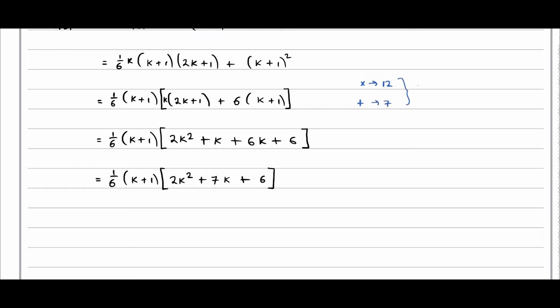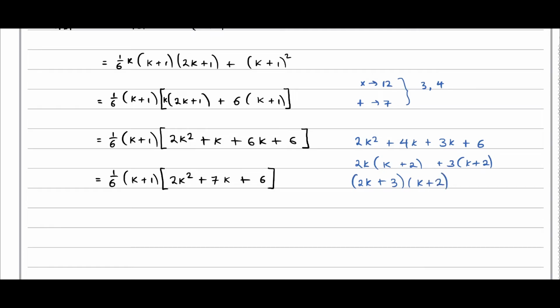You'd find these two numbers to be 3 and 4, so we can rewrite the 7k in terms of what we've just found. So we have 2k squared plus 4k plus 3k plus 6. So we have 2k lots of k plus 2 plus 3 lots of k plus 2, which if we group the terms together, we have 2k plus 3 lots of k plus 2.